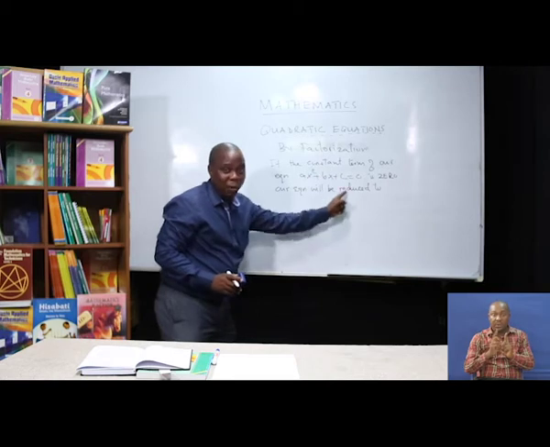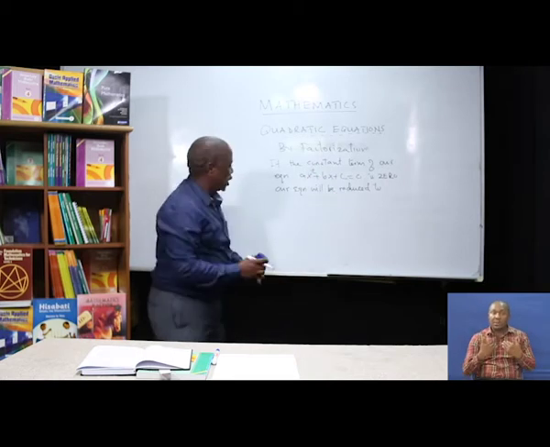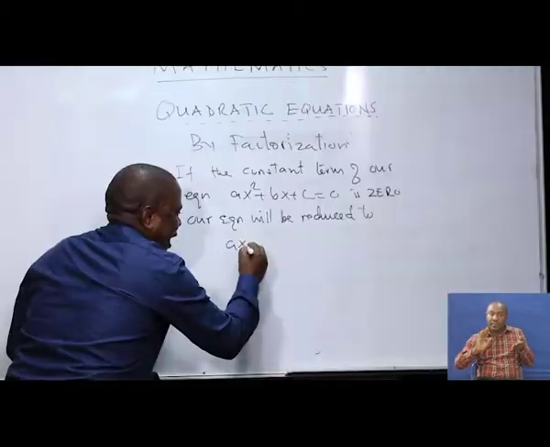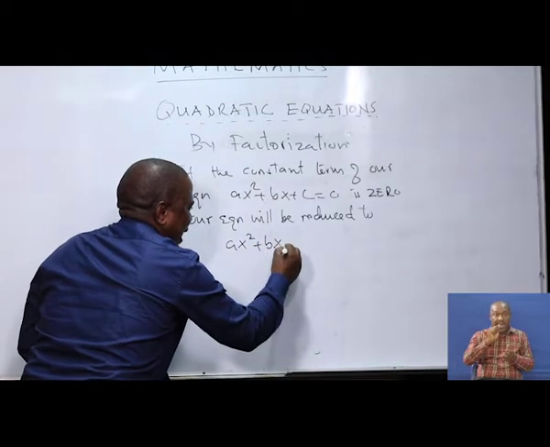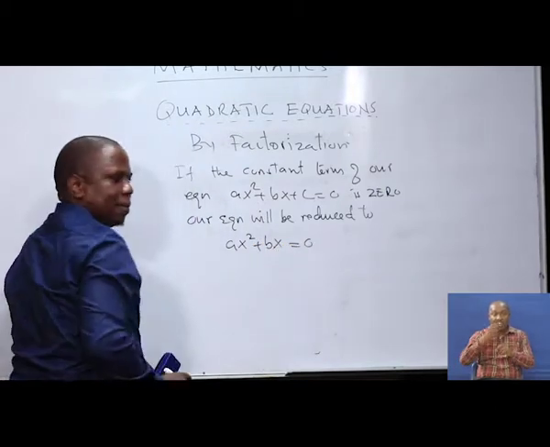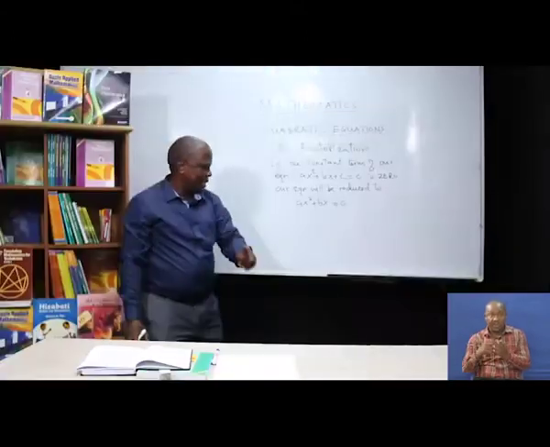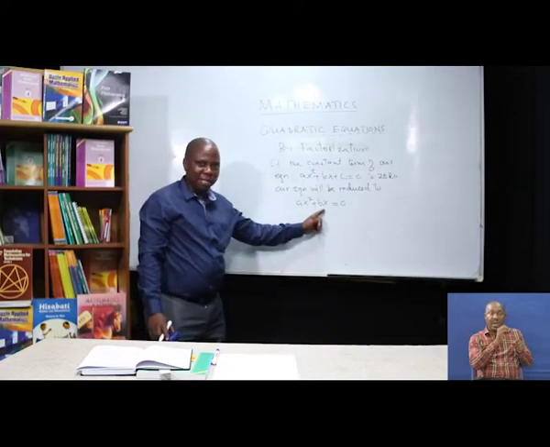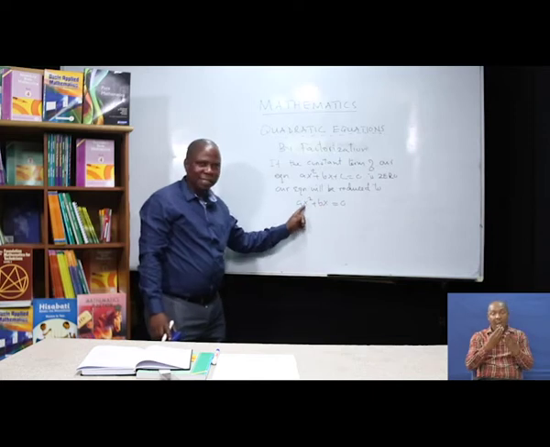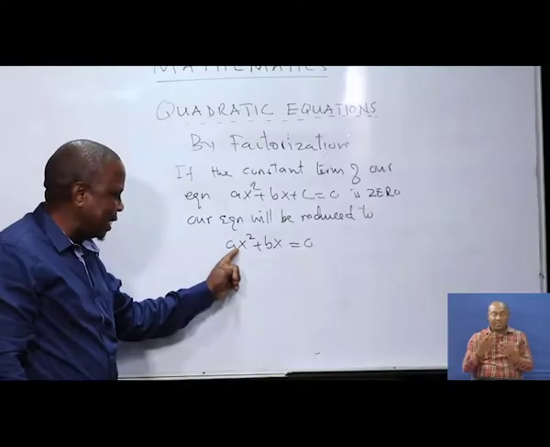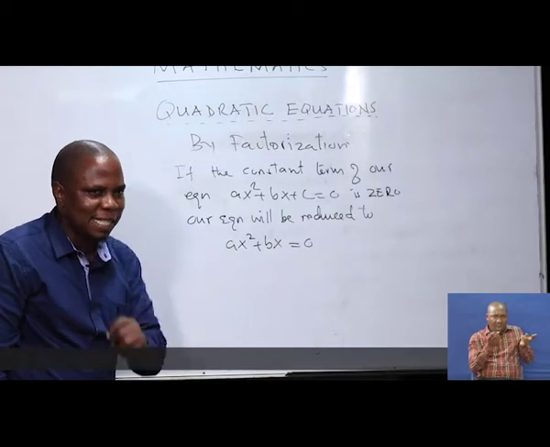So our equation will be reduced to what? ax squared plus bx is equal to 0. I need to factorize. Now I have remained with only two terms, the term with x squared and the term with only x. Now look, what is common here? Aha, the common factor is x. Take x out.